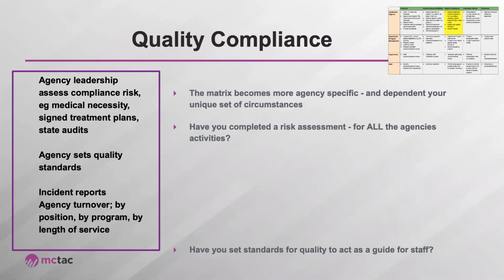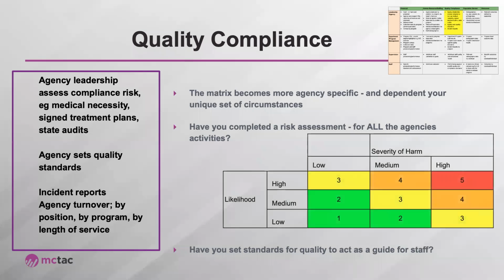Quality compliance. So really, this is where we begin to think about more unique aspects of the agency. What you are looking at in terms of the compliance issues, both from an audit point of view and a quality point of view, really needs to begin with a robust assessment. And I think it's very important to begin to think about risk across the agency for all the activities.